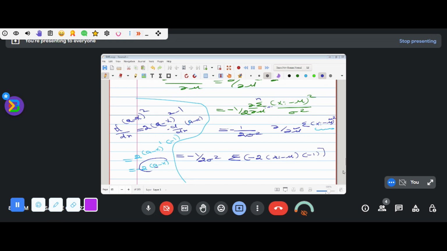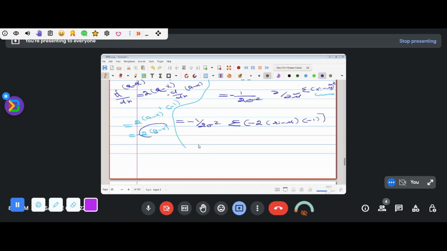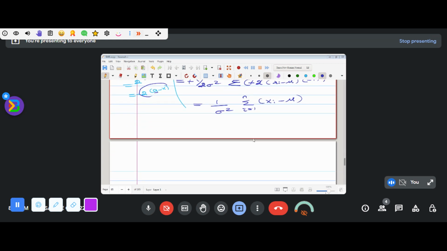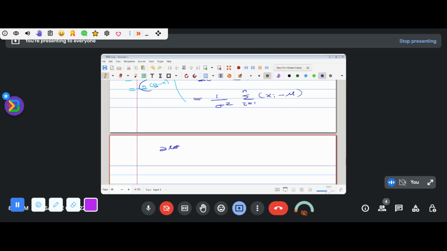Minus into minus is plus, and the two cancel, so the end result is 1 by sigma squared summation (xi minus mu), where i varies from 1 to n. This value is dou log L by dou mu.